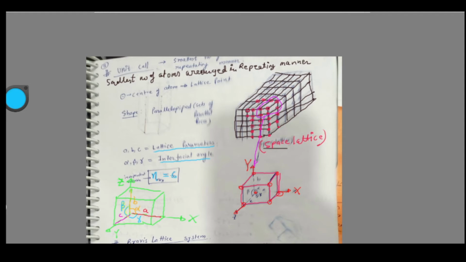Maximum 6 independent variables could be in a lattice or in a unit cell. Okay, so it will be clear, don't worry further.